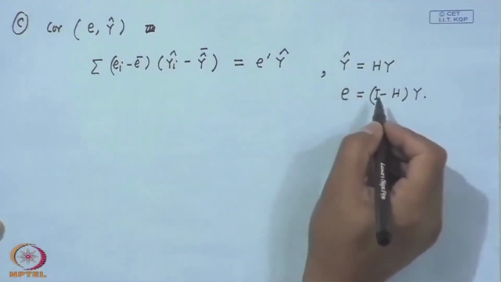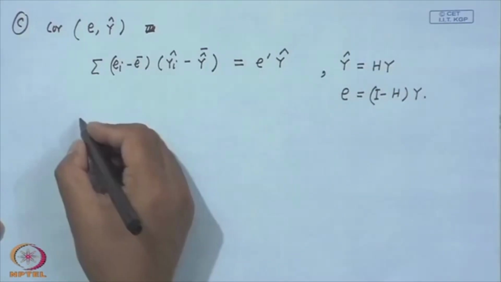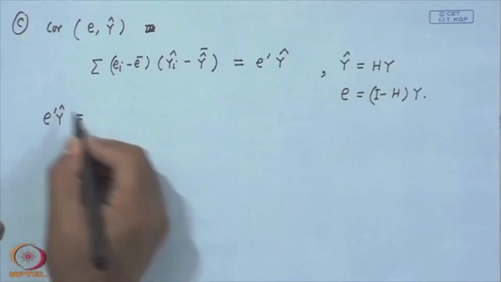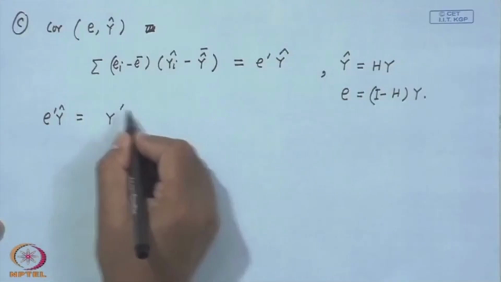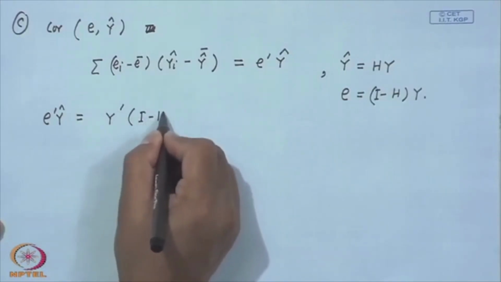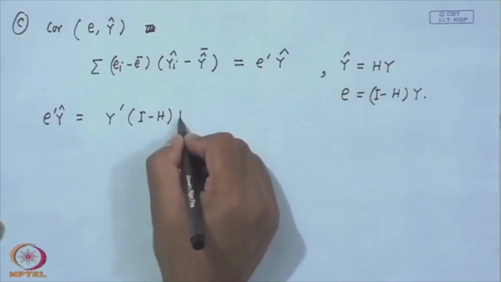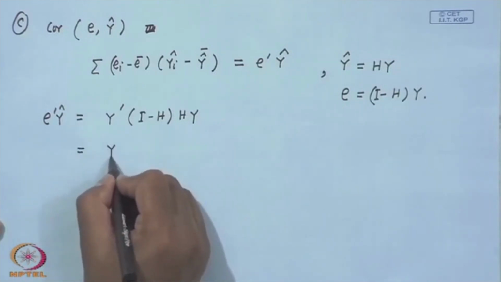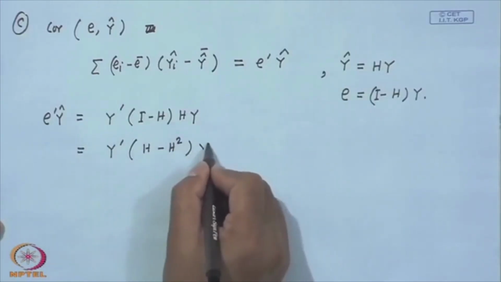Just now we proved these two things. Now, if I plug these two values here, what I will get is that my E prime y hat is equal to E prime, so y prime I minus h, and y hat, that is h y. So, this is equal to y prime h minus h square into y.